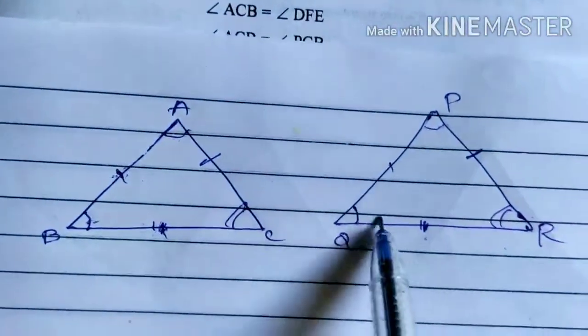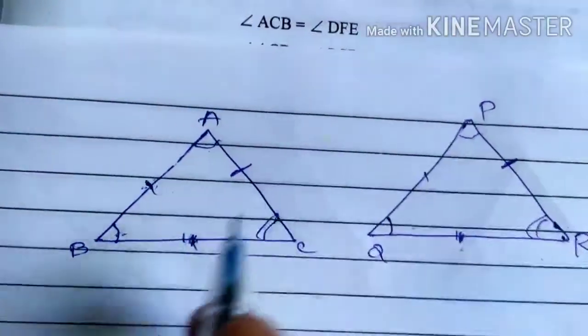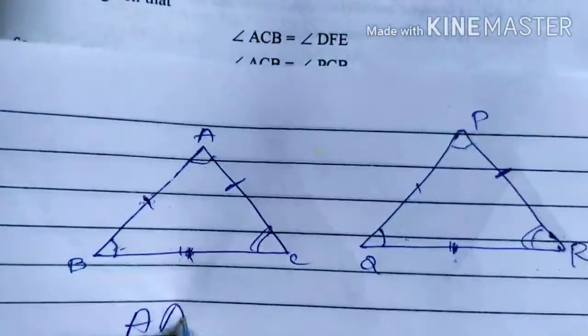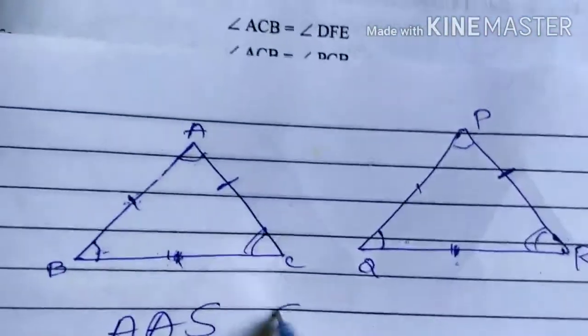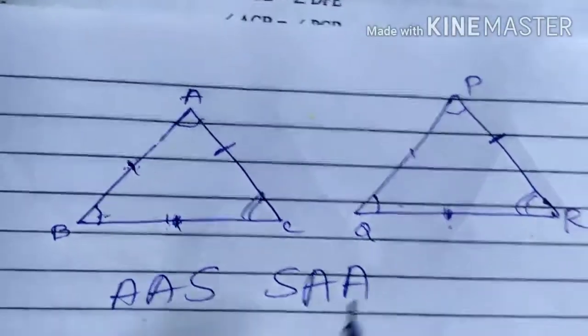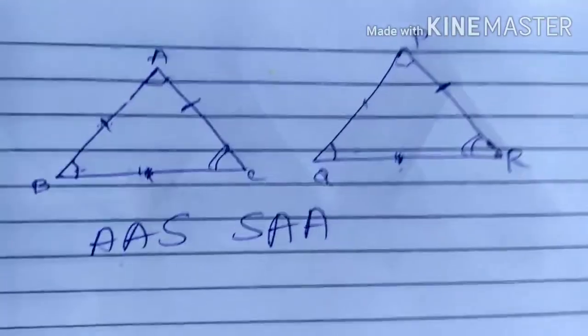If these two angles are equal and this side is equal, then also we can say that these two are congruent triangles. That is angle angle side, or it may be SAA. This is the condition for ASA congruence rule.